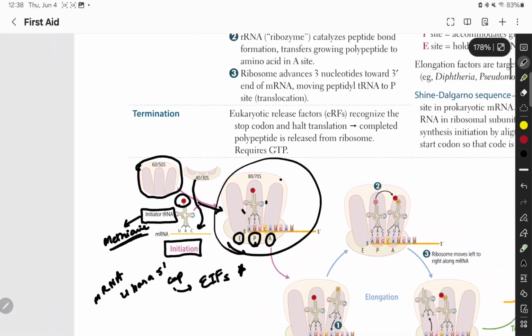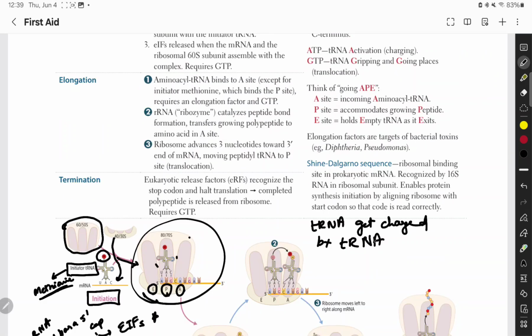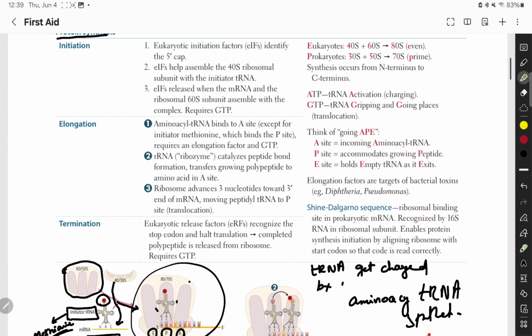In the last video I taught you guys that the transfer RNA gets charged before participating in protein synthesis by the transfer RNA charging enzyme known as aminoacyl tRNA synthetase, which uses ATP, like it's written over here.